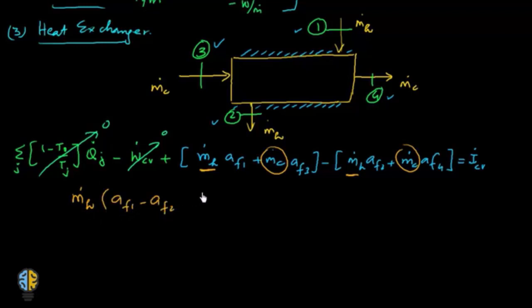Alright, this is equal to, you can take the M dot C onto the other side, we'll get M dot C into AF4 minus AF3 plus the irreversibility for the control volume.